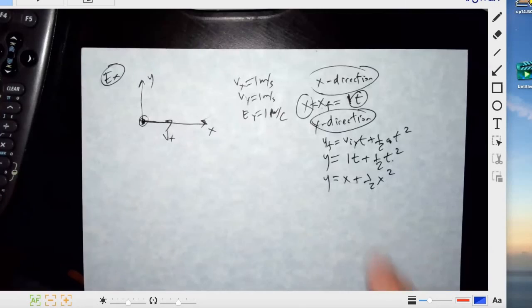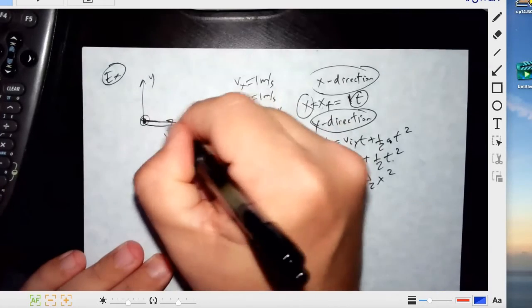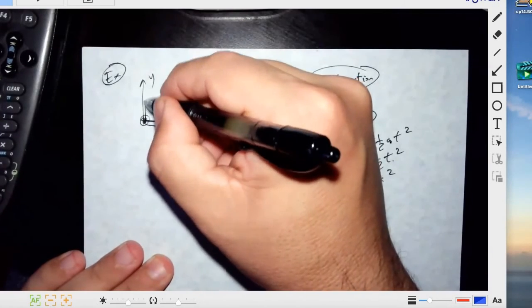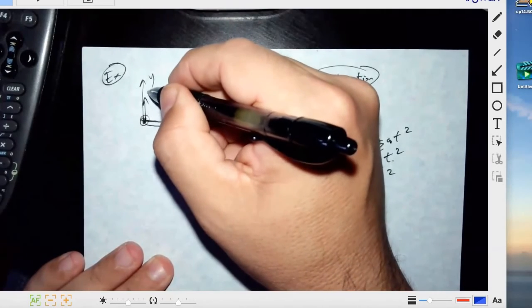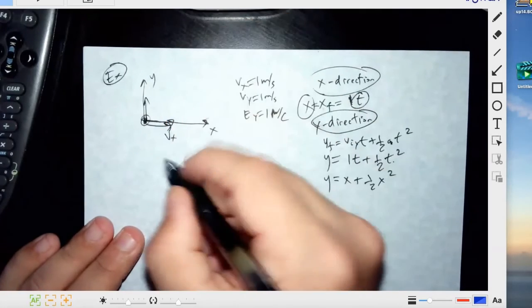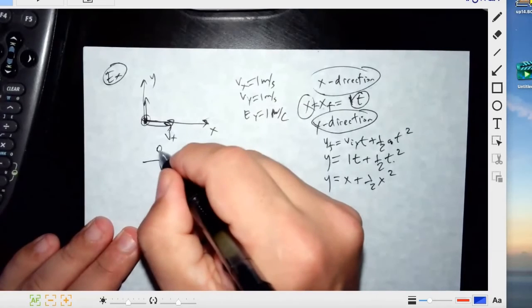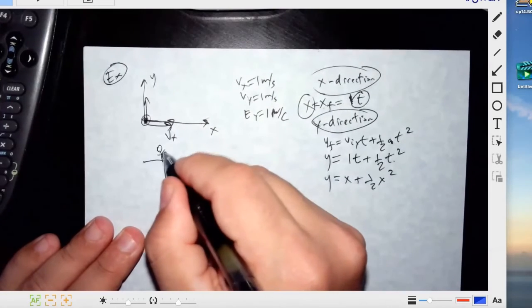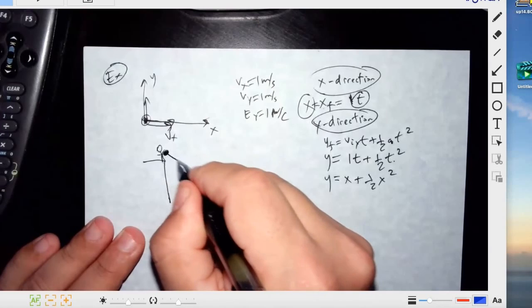You're throwing something this way and you're throwing it this way in the direction of the electrical force. Or it would be like going up on a building and throwing a ball down this way.